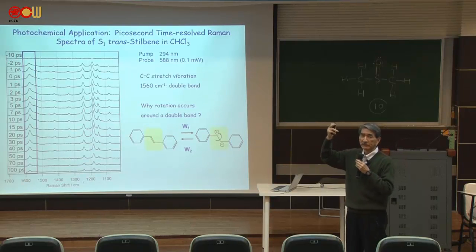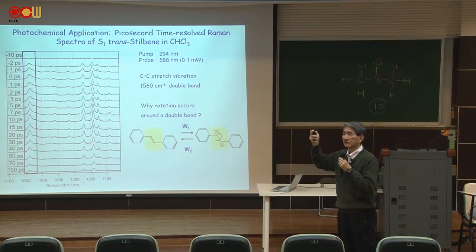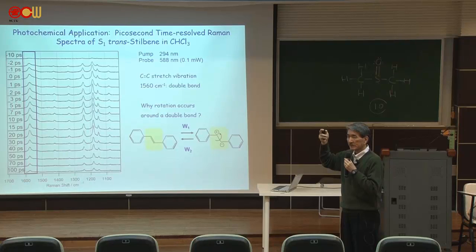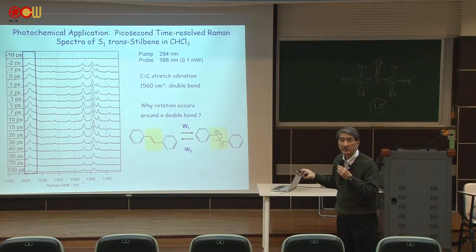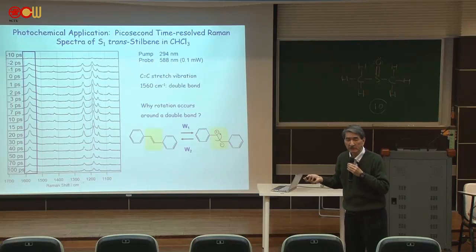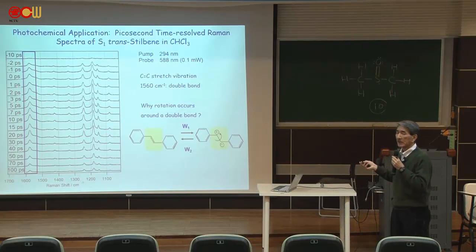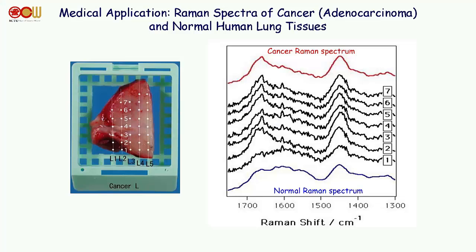So if you really want to understand the photochemistry in the excited state, it's very, very useful to use this kind of time-resolved spectroscopy to understand the changes in the excited state. So I'll discuss this in a little more detail later. So this is an obvious application, and an easy application, I should say.